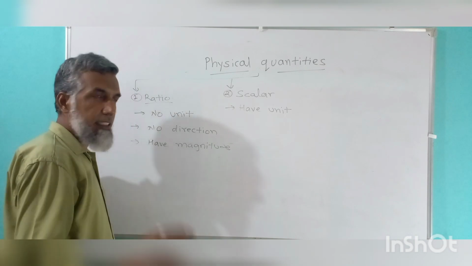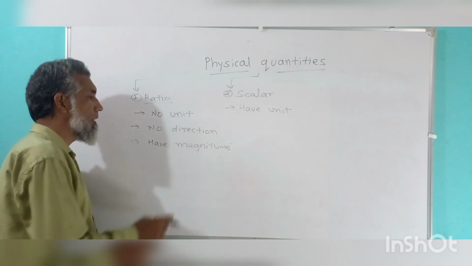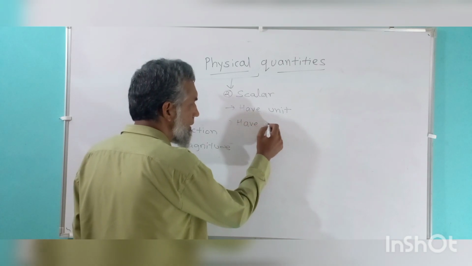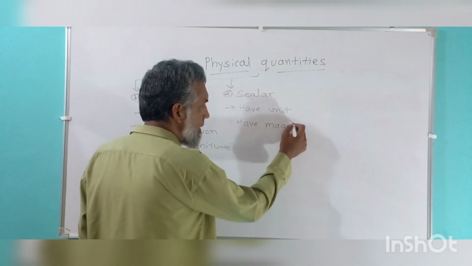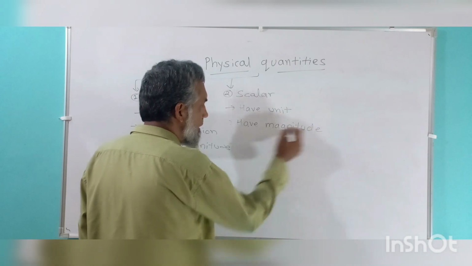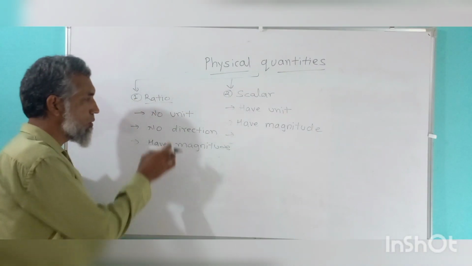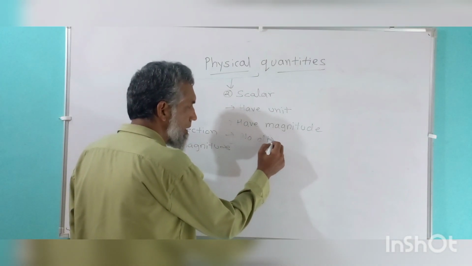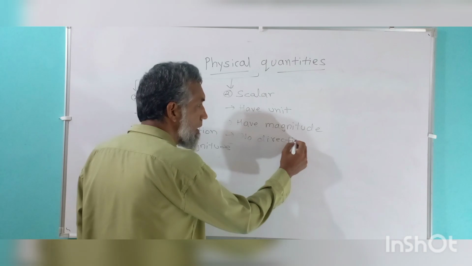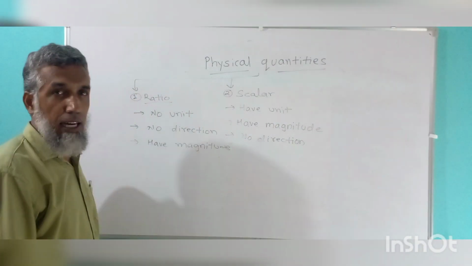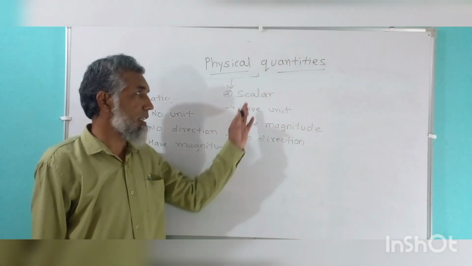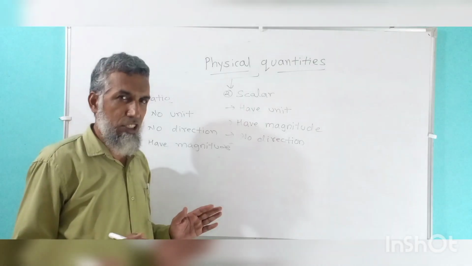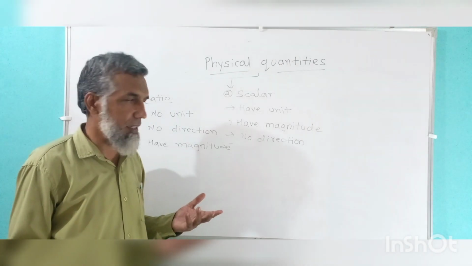Their units do not get cancelled, they have unit, they have magnitude, but they do not have direction, no direction. Such quantities are called as scalars. They don't have any direction. Direction is not needed to express them.